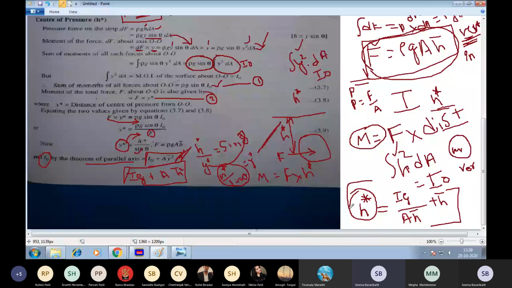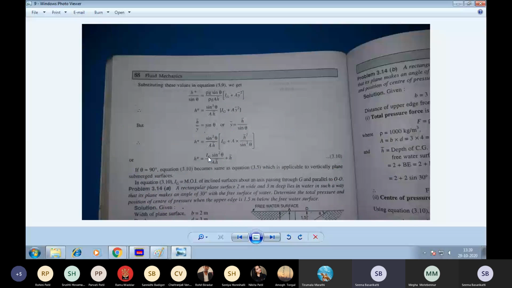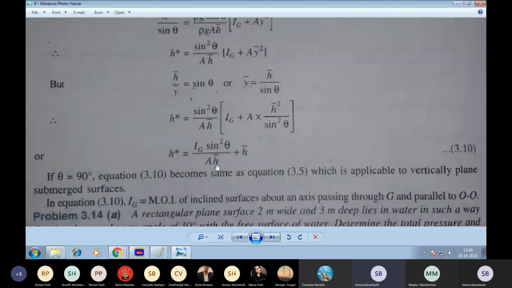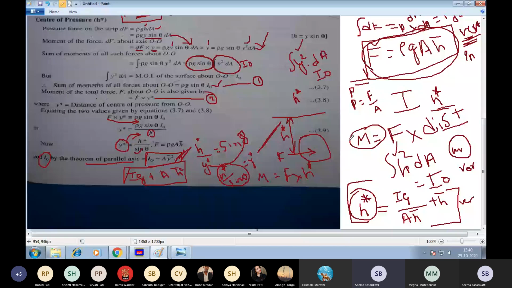Now similarly, what is the difference between the previous one and this one? Here, in spite of taking Ig divided by A h bar, there is a multiplication of sine square theta because the surface is inclined, plus h bar. So the equation for F and the equation for h star are the same for both vertical and inclined conditions. But in case of an inclined condition, Ig is multiplied by sine square theta.